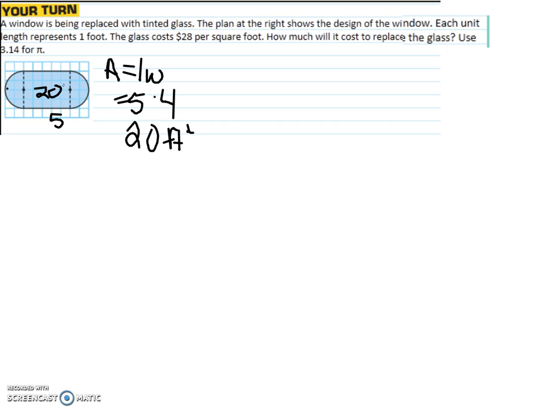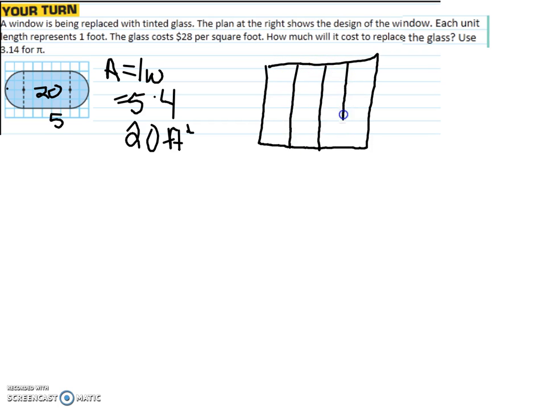Then we take our semicircle, and we have a radius of 2. So let's do an RDCA table. So we have a radius of 2. And what we talked about yesterday is radius times radius times 3. 2 times 2 is 4. 4 times 3 is 12.